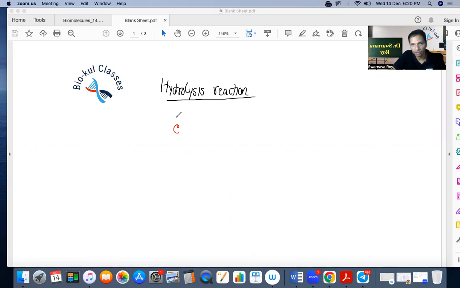So we have a C, H, CO, NH2, and here is our peptide bond, N, H, alpha carbon. This is the H, this is the R2. I forgot to draw the R1. This is the R1.